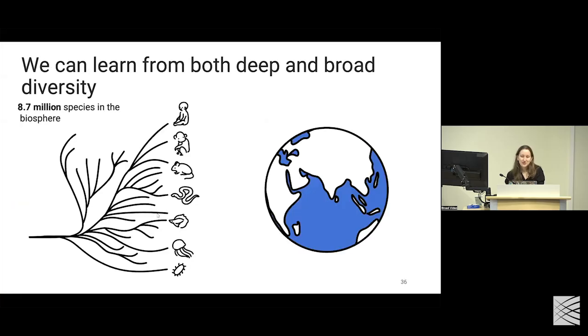So now we'll go into the part of the talk where I try to sell you some of the models that we work on in my lab, in the Marks lab. These models are particularly interesting because they rely on the assumption that we can use a piece of orthogonal information for human genetics that's found in the 8.7 million species in the biosphere.